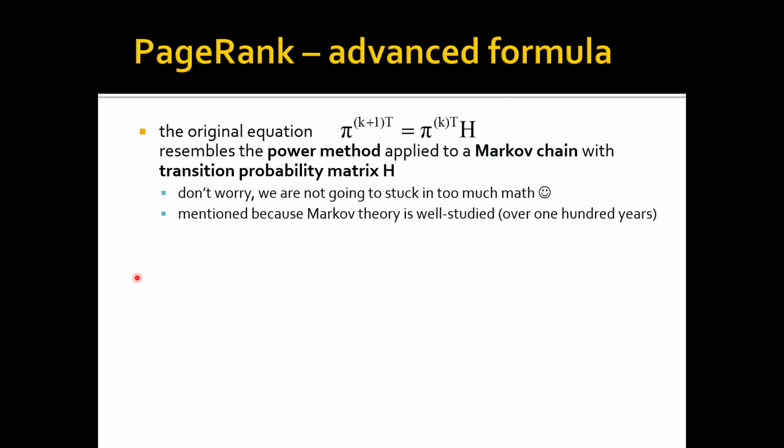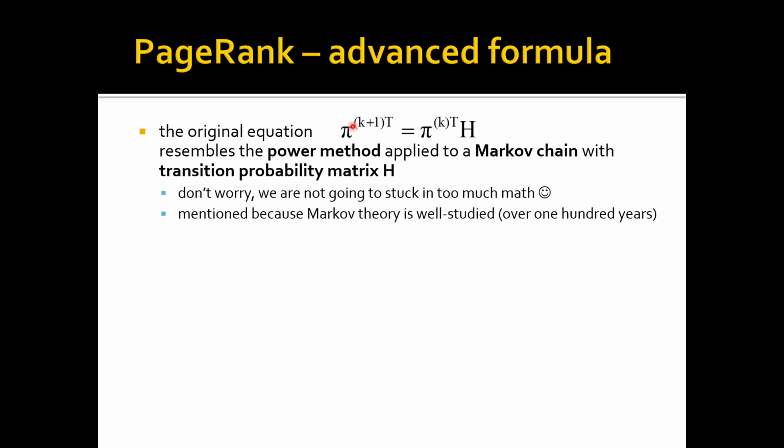Okay, but what to do? And now comes the real contribution of Google's PageRank. Let's start with this original equation, but we want to get some better properties of this iterative process to really not have the rank sinks and so on.